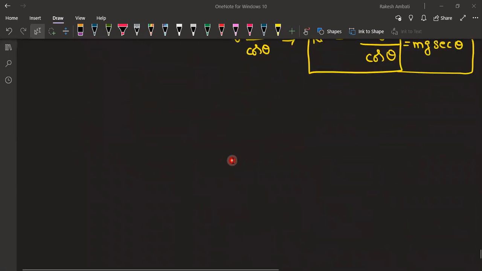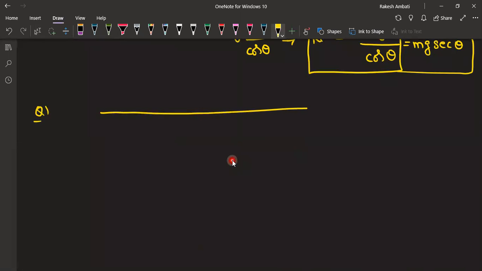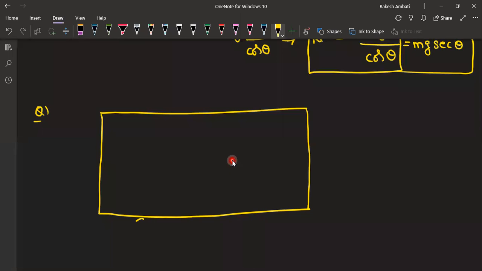Right, now next question. For example, here we have a car. From the car, a pendulum is suspended.